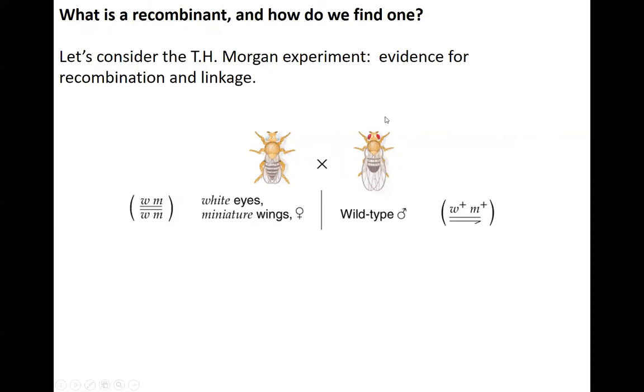Here we have a male fly. He has one X chromosome, and you can see the wild type traits, red eyes, noted with a plus, and regular standard issue wings, again noted with a plus for wild type. This little guy is our Y chromosome. This is looking at sex-linked traits, but the sex-linked part of this, the fact that it's on the Y chromosome, is not really the important part for right now.